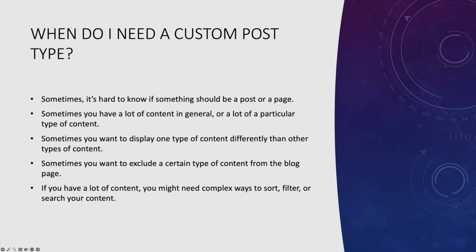Maybe you have a blog page on your site, but where do you put things that are not really a blog, not really a post? It's something you don't want to show up on your blog post page, and it's not like a permanent page either. There's kinds of content that live in between. And if you have a lot of content, you might need complex ways to sort, filter, or search your content. So all of these are reasons that you might have a custom post type.